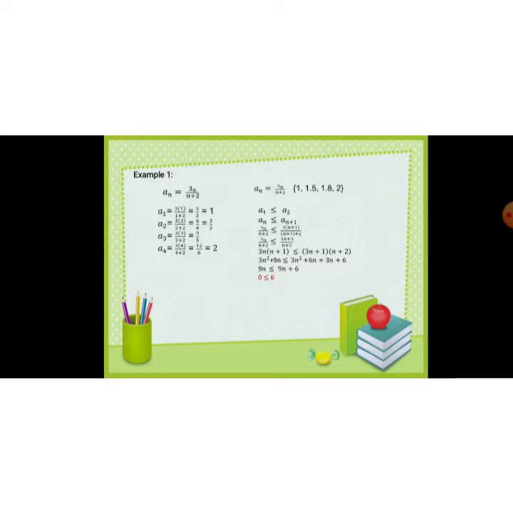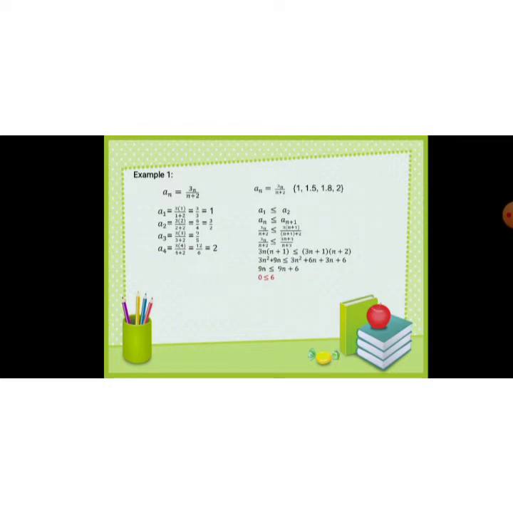A sub n is less than or equal to a sub n plus 1, and 3n over n plus 2 is less than or equal to 3 times the quantity n plus 1 over n plus 1 plus 2. 3n over n plus 2 is less than or equal to 3n plus 3 over n plus 3. So 3n times the quantity n plus 3 is less than or equal to 3 times the quantity n plus 1 times the quantity n plus 2.